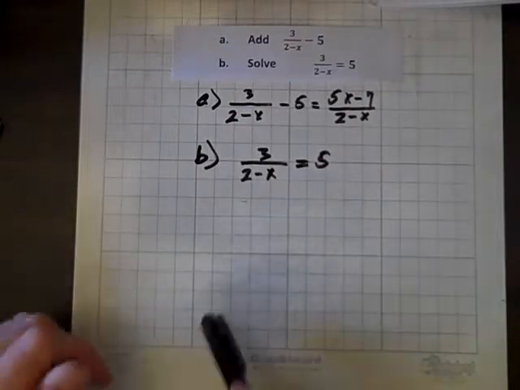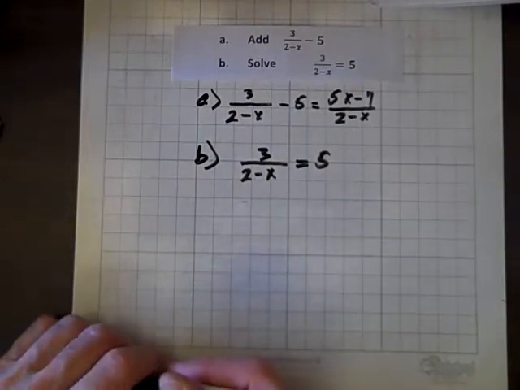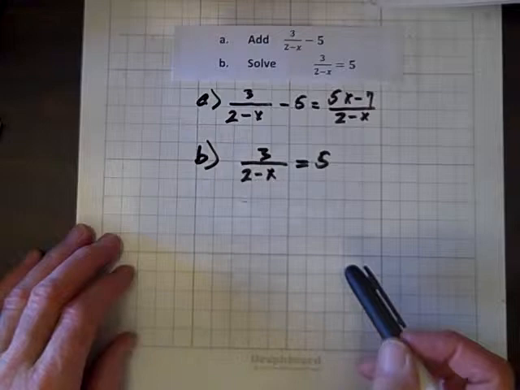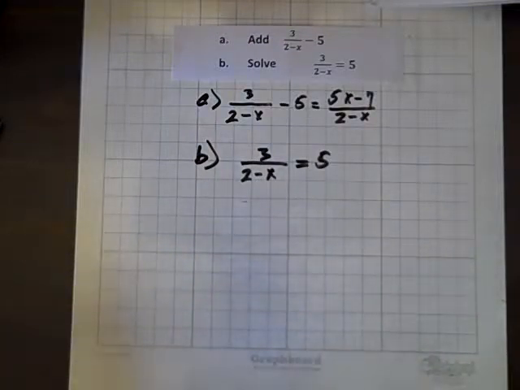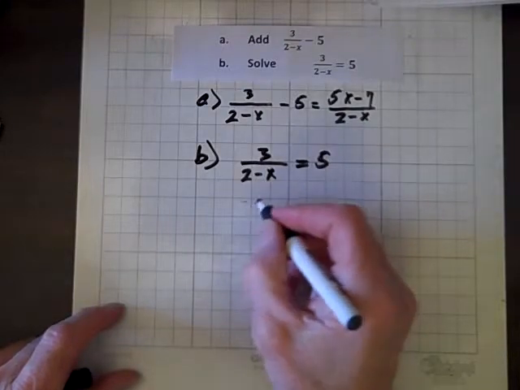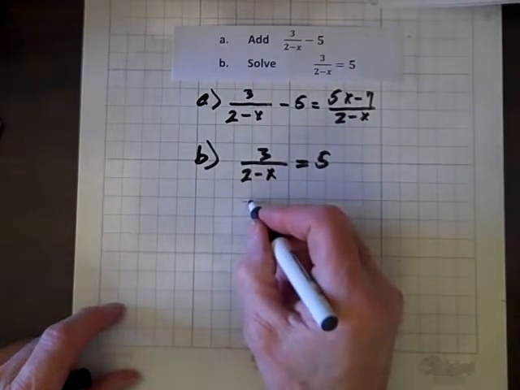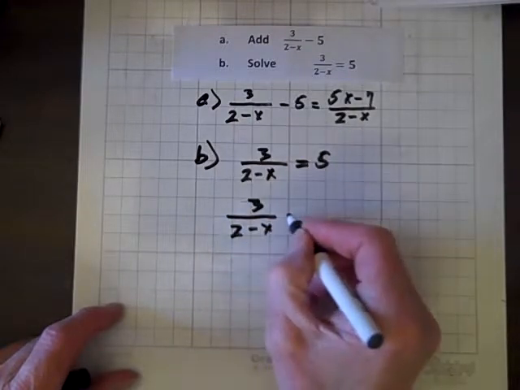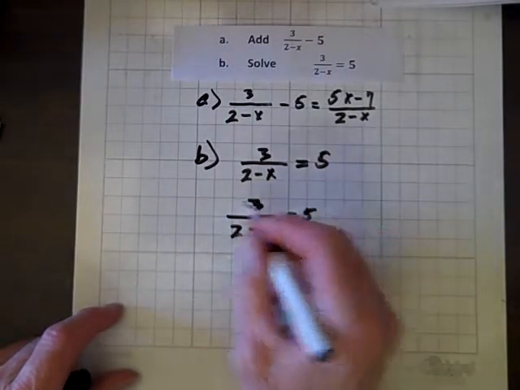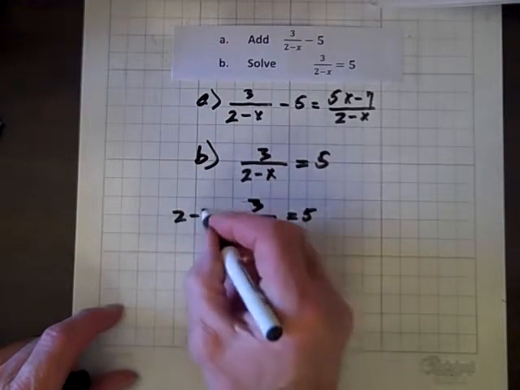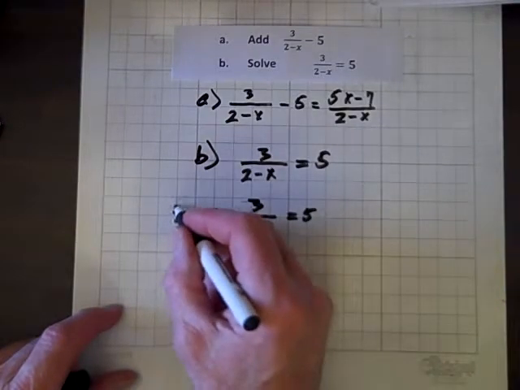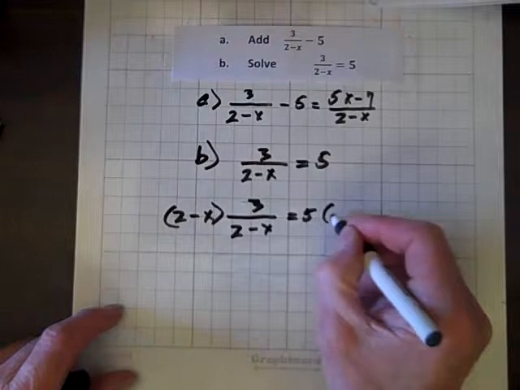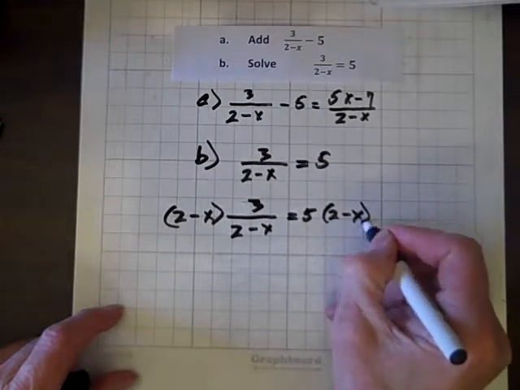Well, for the third time, we'll solve this equation, and we'll vary our process again. So we have 3 over 2 minus x equals 5. This time we'll multiply both sides by 2 minus x.